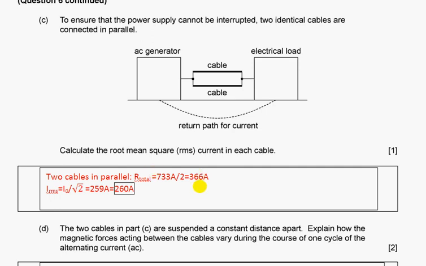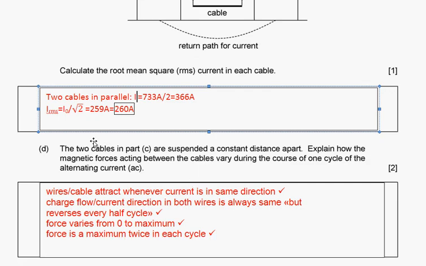This is the peak value, or maximum value. This is not I total, it is the current through each. So the current we know is the peak value. We divide by square root of 2. This will be the root mean square value. Root mean square value. D.